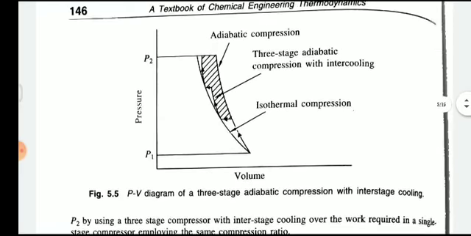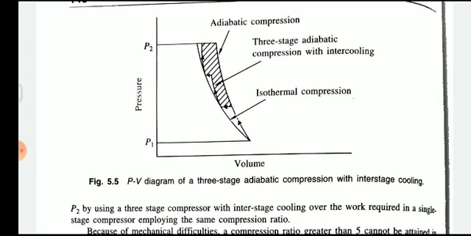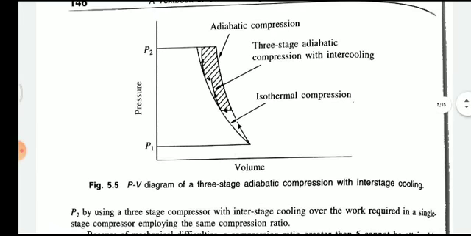And the PV diagram, exactly what happened in the PV diagram of three-stage adiabatic compression with interstage cooling. So P1 to P2, and here exactly isothermal expansion and isothermal compression, and then three-stage compression with intercooling.